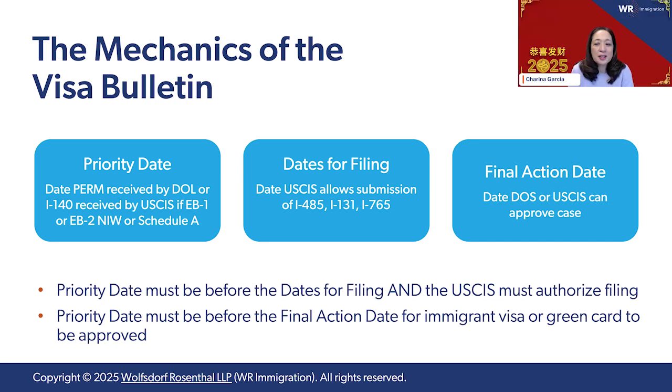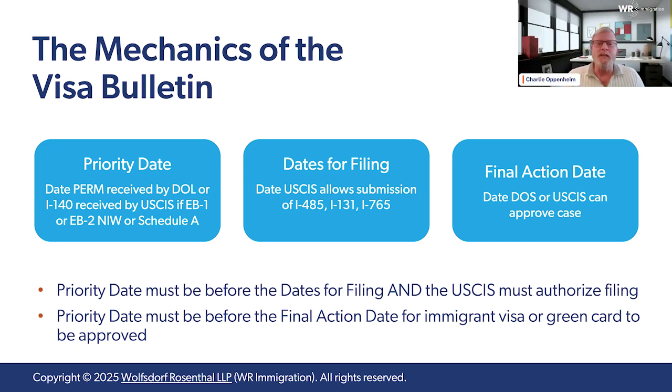And the one thing I forgot to mention, the dates for filing, called the application filing dates, are typically where the State Department believes the final action date will be in about 8 to 12 months in the future.